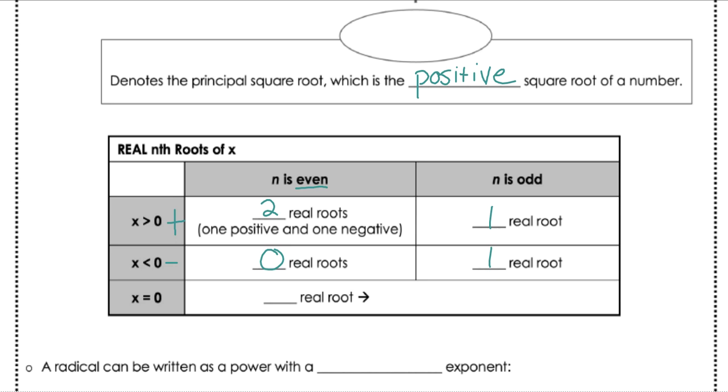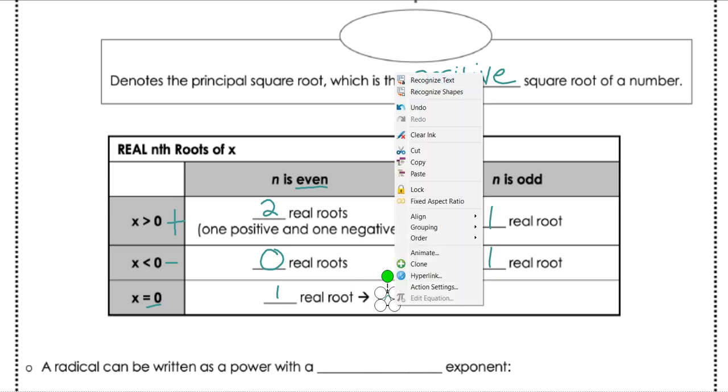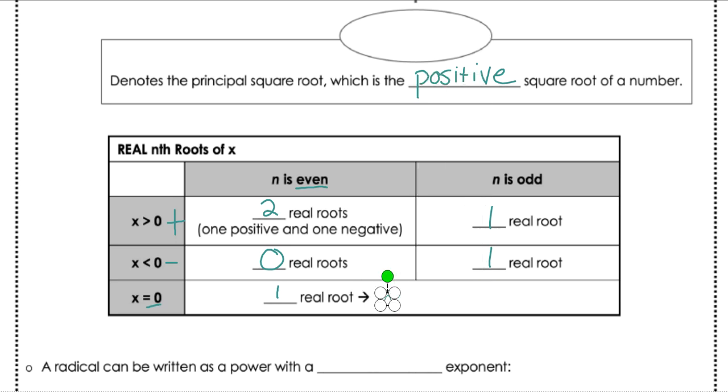And then if x is just 0, so if we're taking any root of 0, then we're always going to get one real root, and that root is going to be 0. So any root of 0 is 0, is essentially what that's saying.